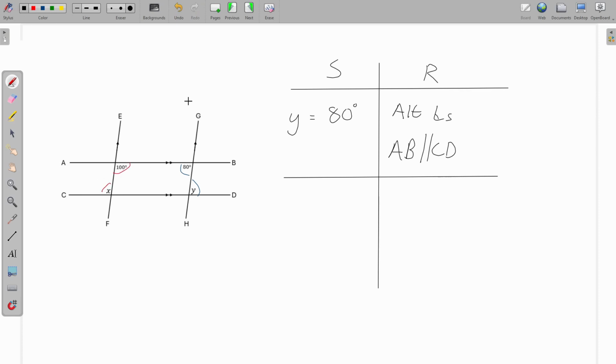My statement therefore will be X is equal to 100 degrees, because of alternate angles, and it's because line AB is parallel to CD. That's how we would approach question 3.